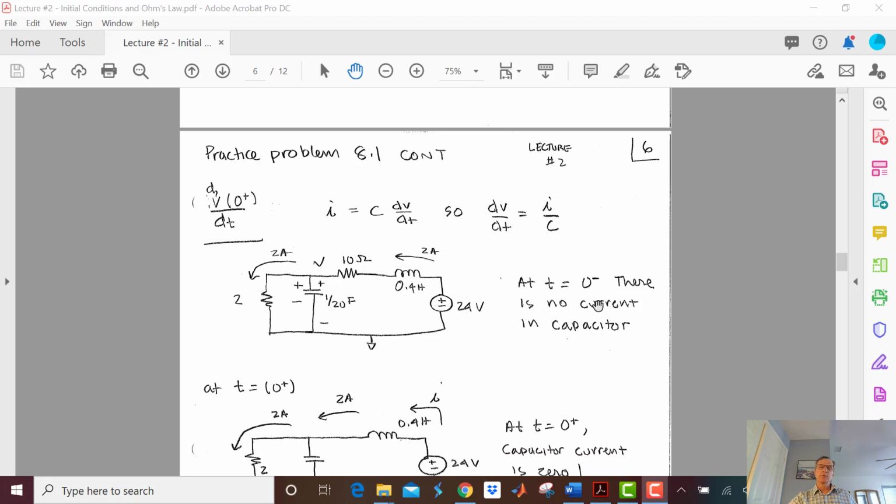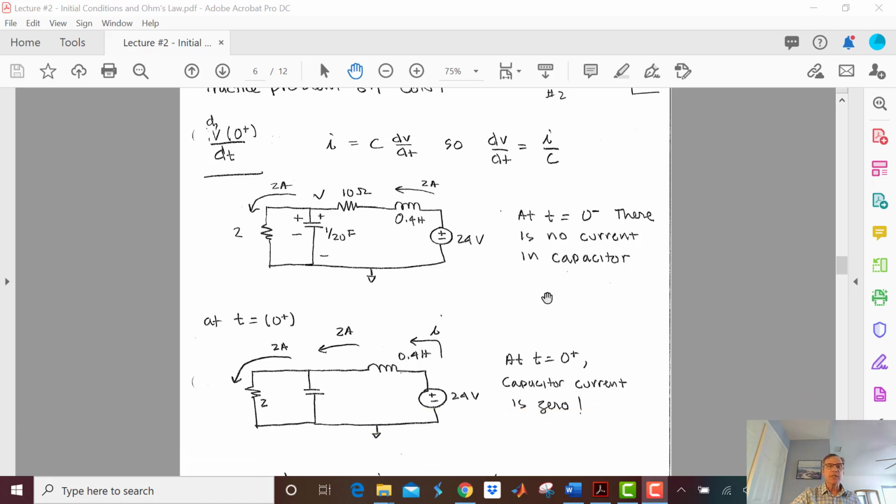Let's look at time equals 0 minus first. Here's what it looked like, because the switch was open and the 10 ohms was in the circuit. There's no current in the capacitor, and we have our 4 volts here.